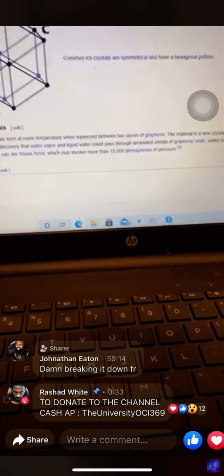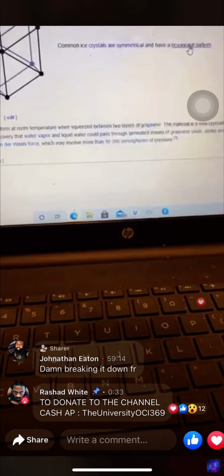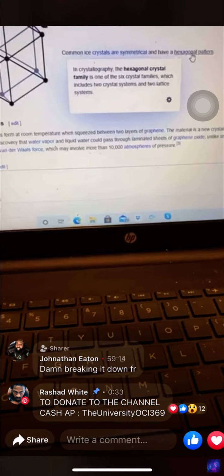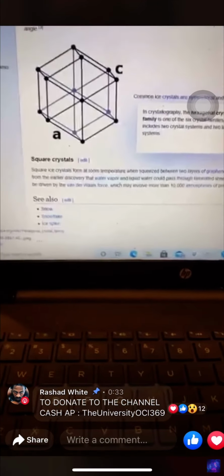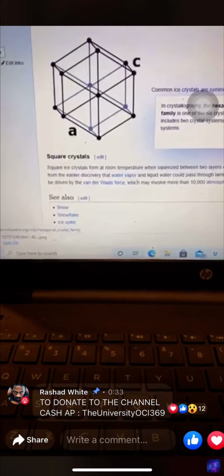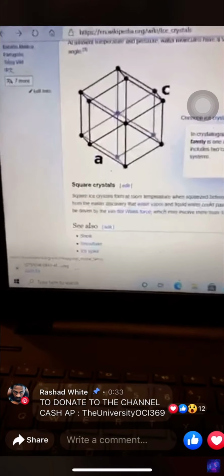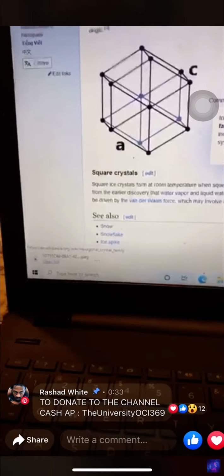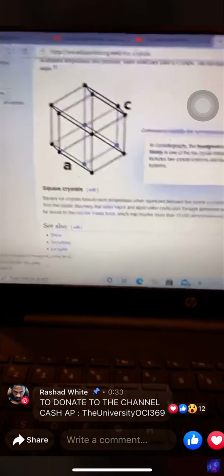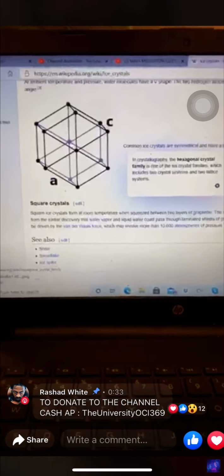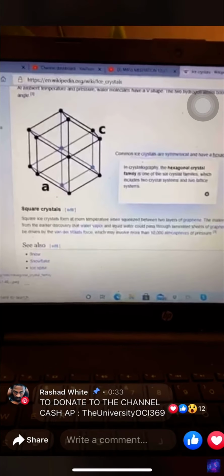All right, so they have a hexagonal pattern. That means it is six-sided. So these ice crystals have water molecules that line up to form a six-sided shape called a hexagon.